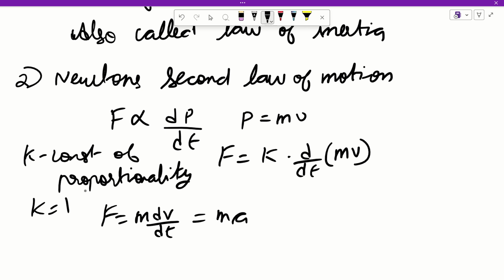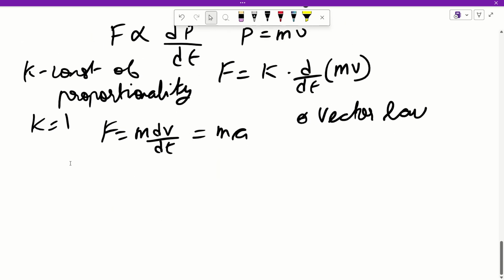The second law of motion is a vector law. It is equivalent to three equations, one for each component of the vectors. I'll write these three equations one by one.